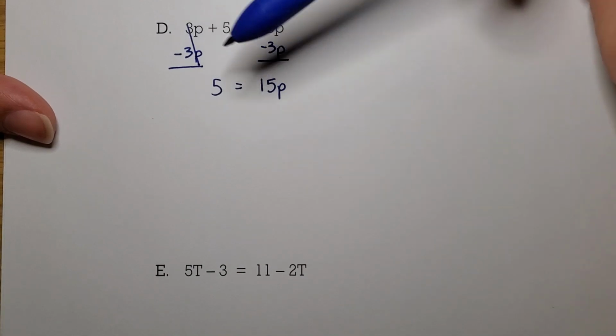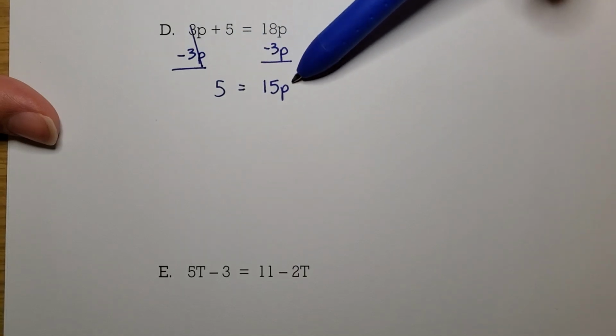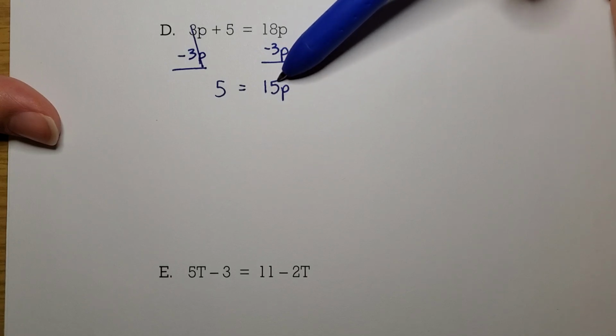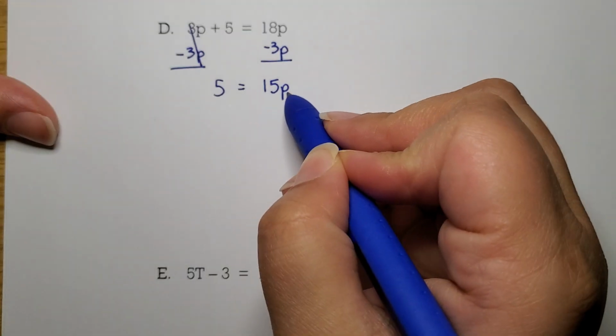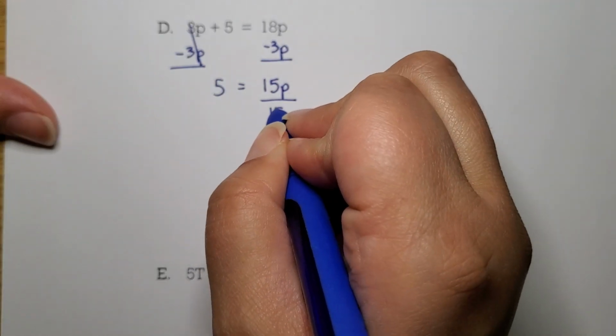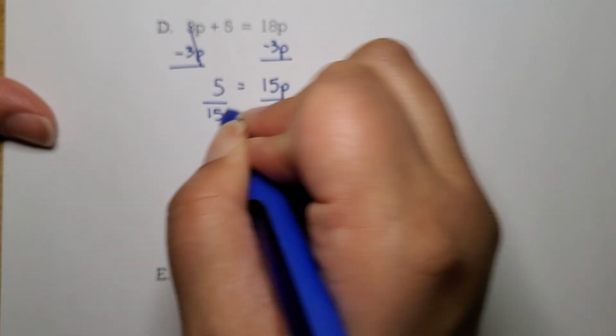Okay, so now I have number equal to thing with letters. So I want to get rid of this 15. I want to keep the p here, but I want to get rid of the 15. Since it's 15 times p, we can divide by 15.